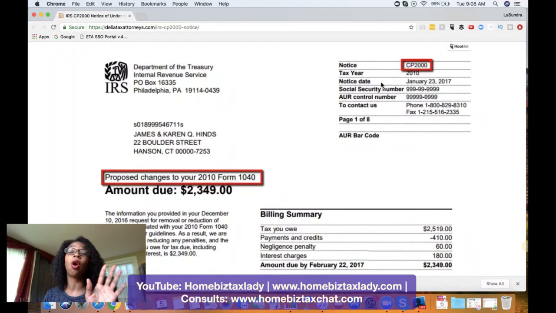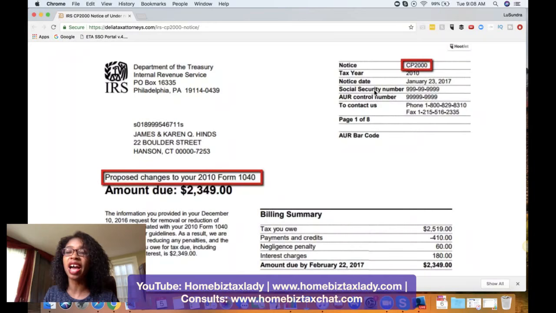So there's not a whole bunch of time from when this notice date is sent to when you actually get it. So it's not one of those things where you can go back to the IRS and say, well, you mailed it on this date, so it took the letter 15 days to get to me. No, that's not how that works. The IRS is a little bit smarter than that, just to let you know.